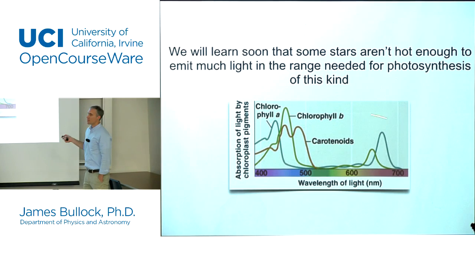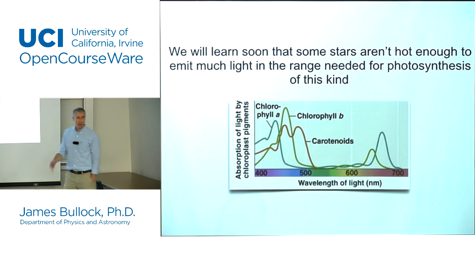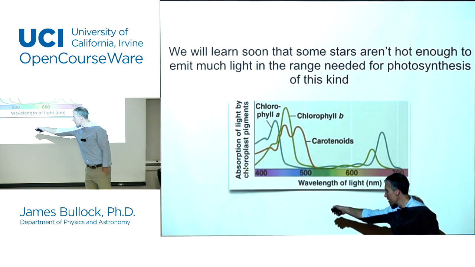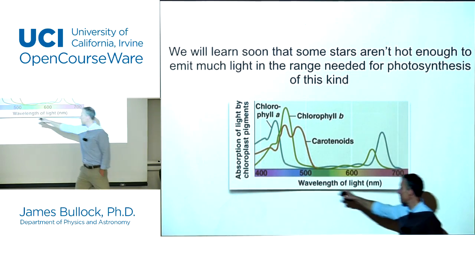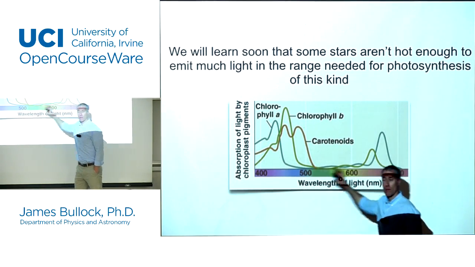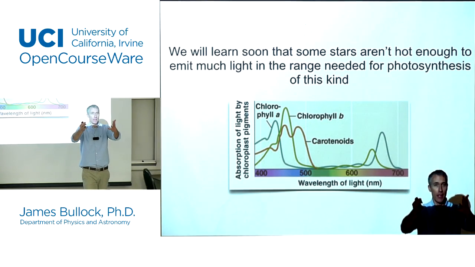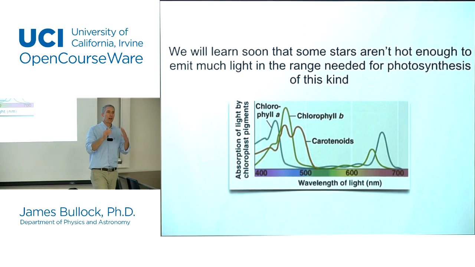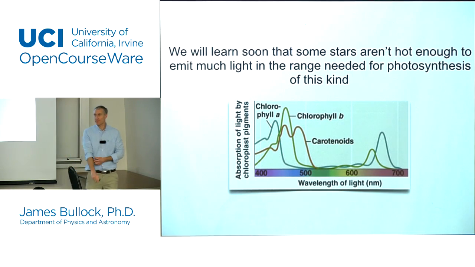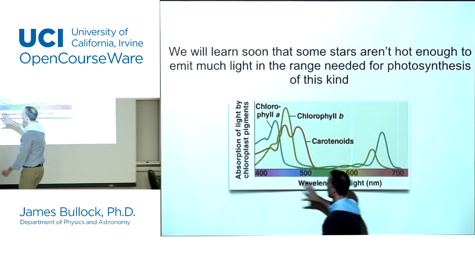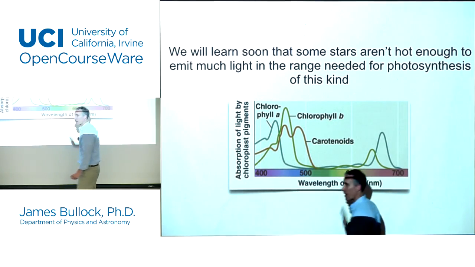Now, just an aside, because we're going to come back to this stuff later, we care about this kind of stuff. Our sun emits a lot of light between purple and red. That's the light it spits out. But not all stars do that. The hotter the star, the more it'll emit blue light and less red light.